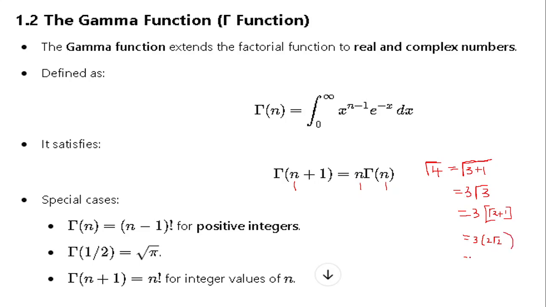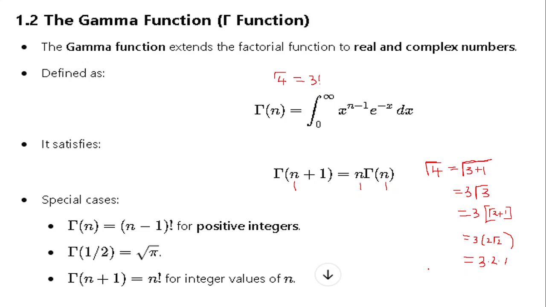Yes, sir. And if we proceed with this, we're going to see it's 3 times 2 times 1. So it therefore implies that gamma of 4 is equal to 3 factorial, because 3 times 2 times 1 is 3 factorial. Is that true? Yes, sir.